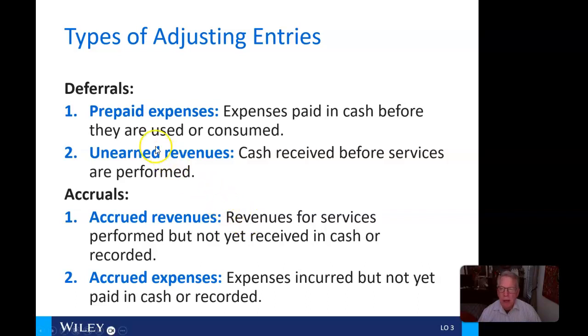Here we have our prepaid expenses, where we paid say for insurance, prepaid rent, or any money that we've received in advance before the services are performed. That's going to be a liability called unearned revenues. And we want to make sure that we post those as well.